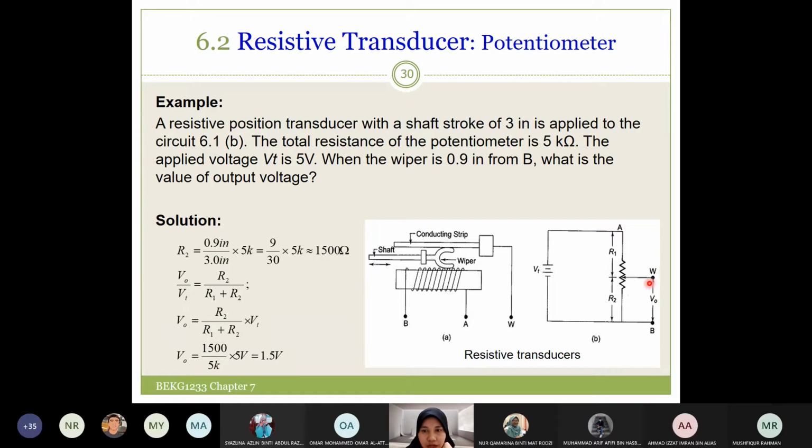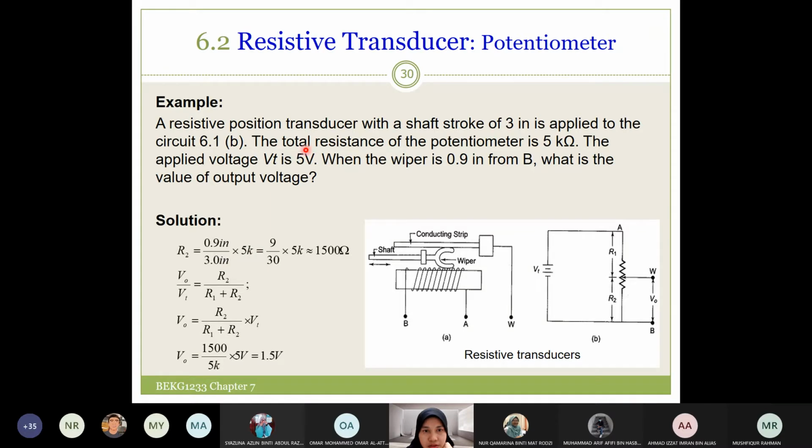The position of the wiper is measured from B, so R2 is 0.9 inch divided by the 3 inch length of the shaft from A to B, multiplied by 5K.